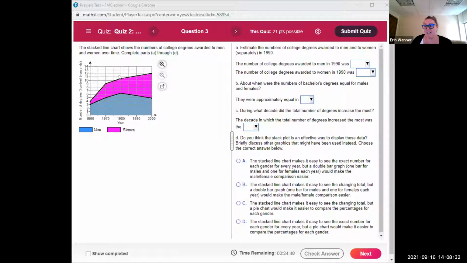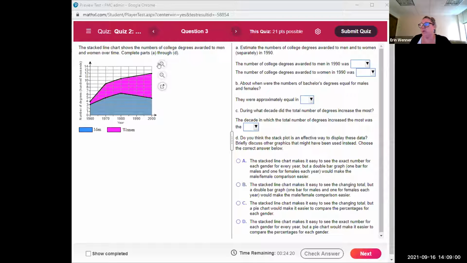And as the line levels off, it's got less growth. So remember, the bottom section is always pretty easy to see because that line just tops out. When you're trying to find the women, you have to subtract the two. So you would find the top end of the women and the bottom end of the women, which is the top end of the men, and you would subtract those values in order to get them.